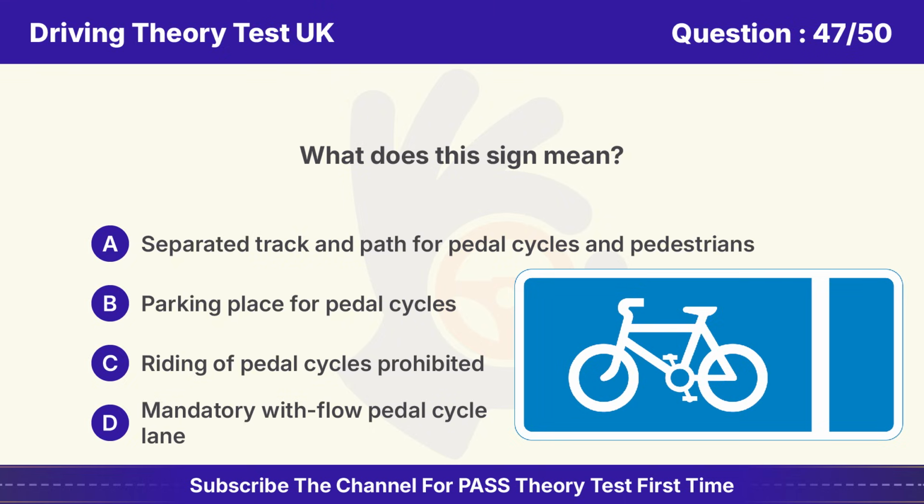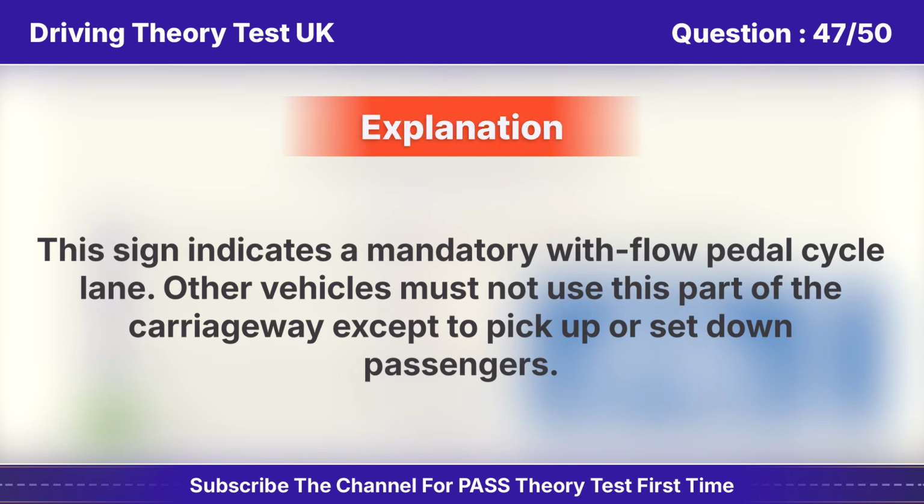What does this sign mean? Answer is D. Mandatory with-flow pedal cycle lane. This sign indicates a mandatory with-flow pedal cycle lane. Other vehicles must not use this part of the carriageway except to pick up or set down passengers.